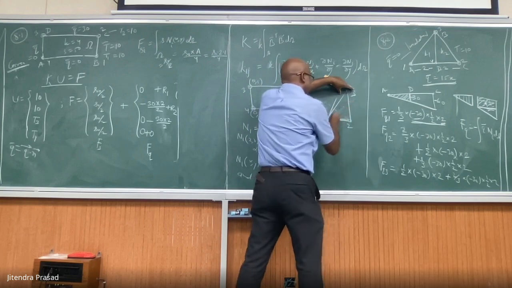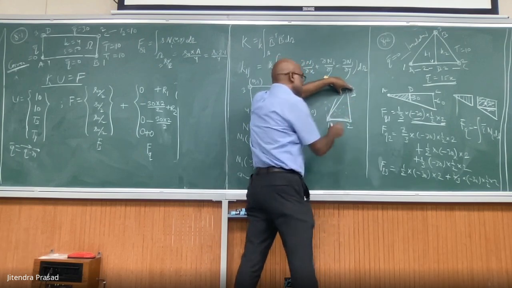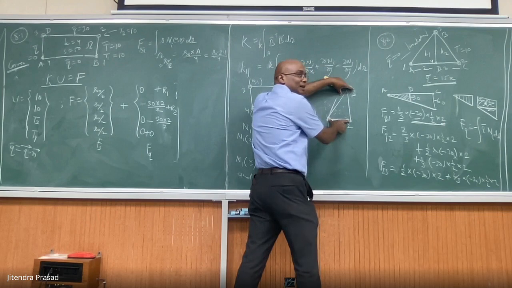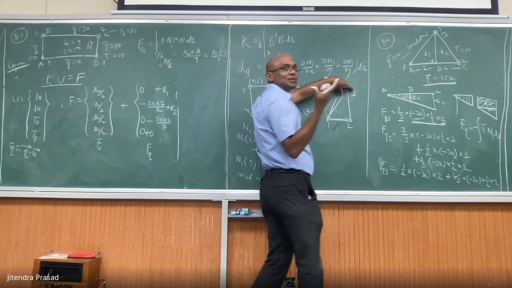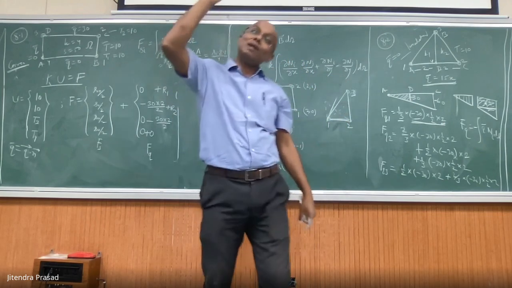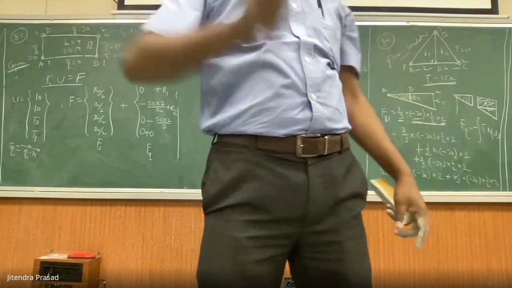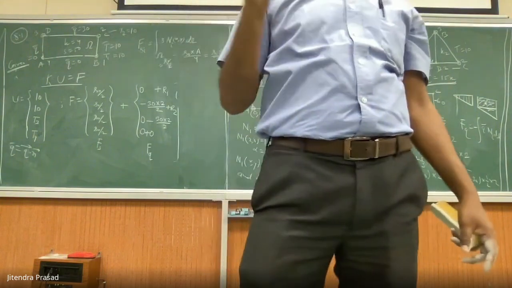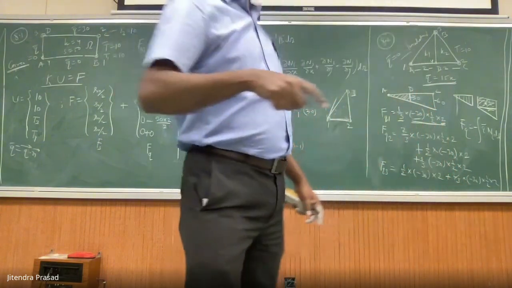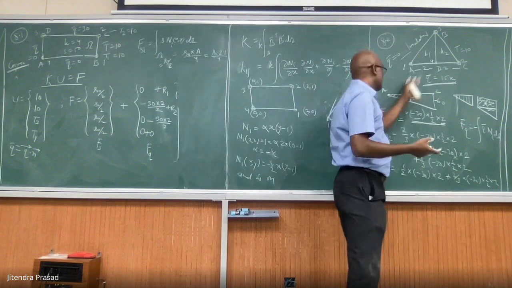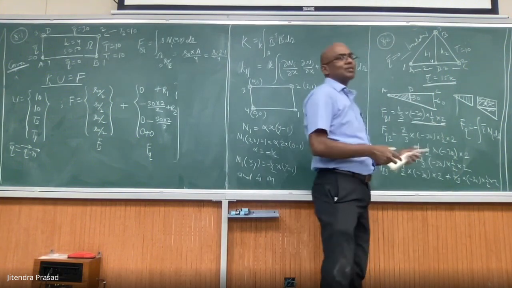N2 will vary linearly. So this will behave as a 1, 2 noded element, and hence the weights we have there in chapters 3, 4, 5, same way it behaves here. And hence the force contributions we are getting, same way we are getting.